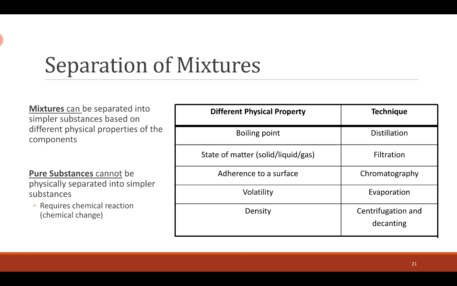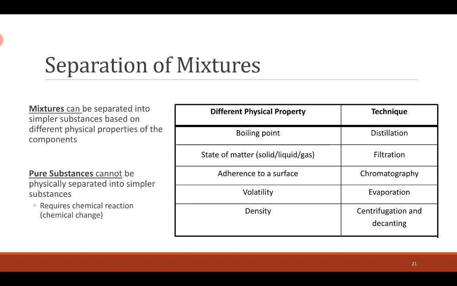As I said before, mixtures can be separated by physical processes. Mixtures really take into account that all of the components in the mixture have different physical properties. That could be differences in boiling point, differences in state of matter, differences in how they stick to different surfaces, density, or volatility.